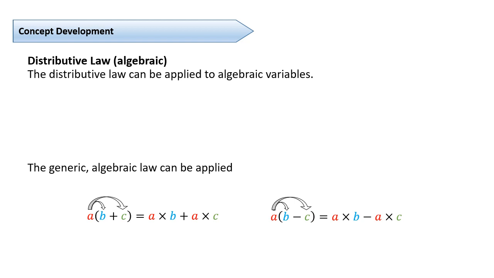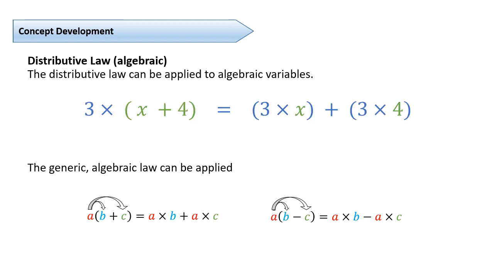So what happens when we start putting in our x's, our y's, our z's, our favorite letters? Well, turns out it works exactly the same. We have our number 3, and it is going to multiply by every number inside of our brackets. So we end up with 3 times x, and we're going to add.